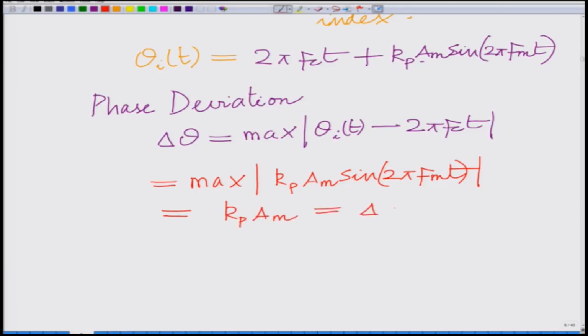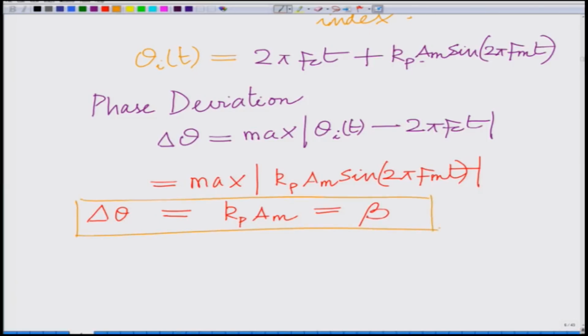So this is delta theta, and you can see this is also equal to your beta, that is the modulation index.